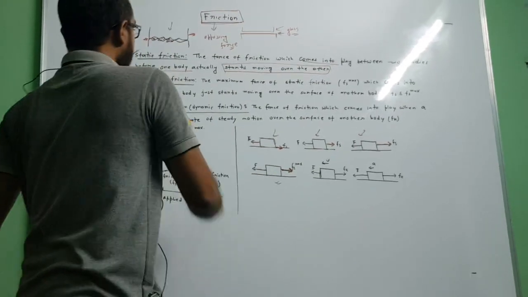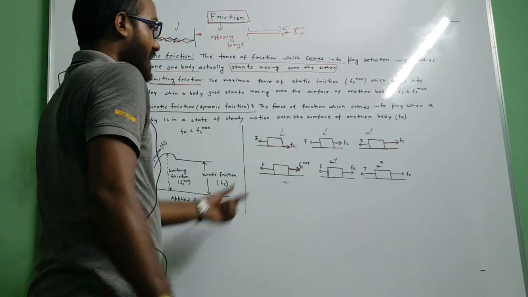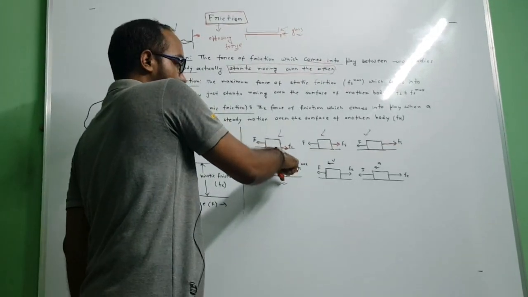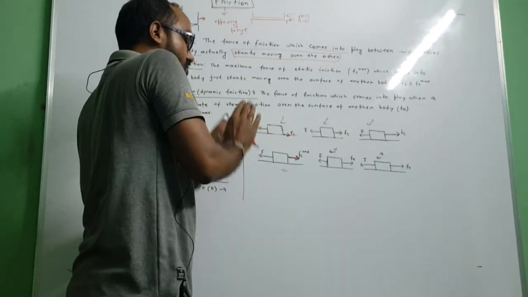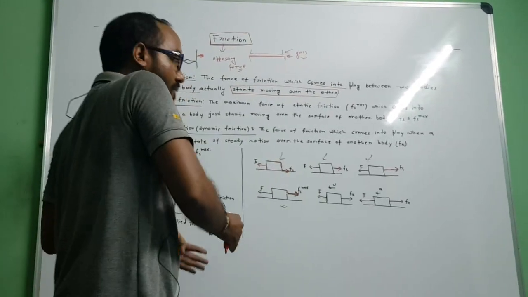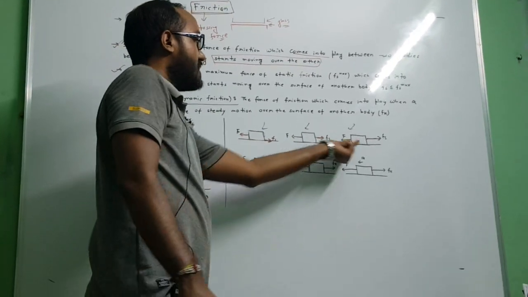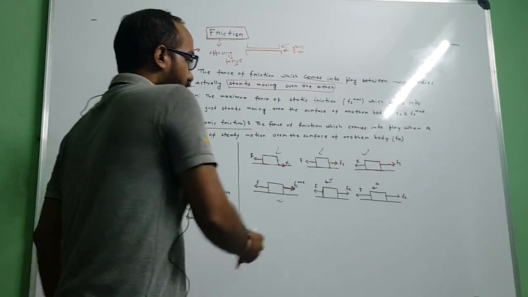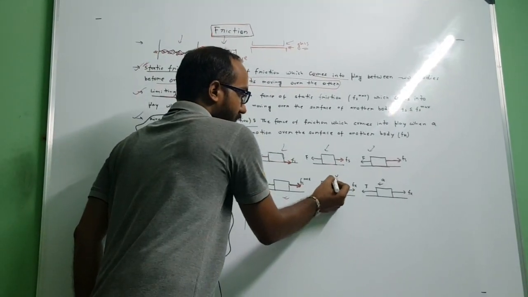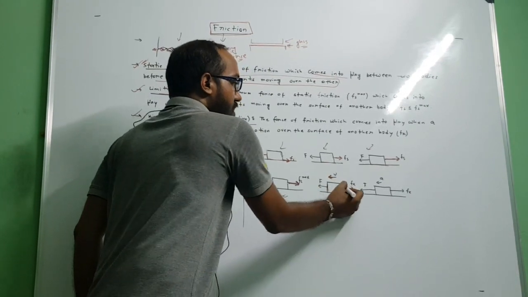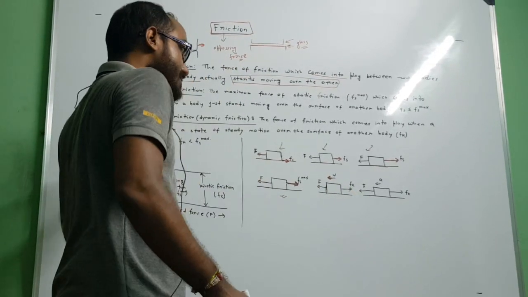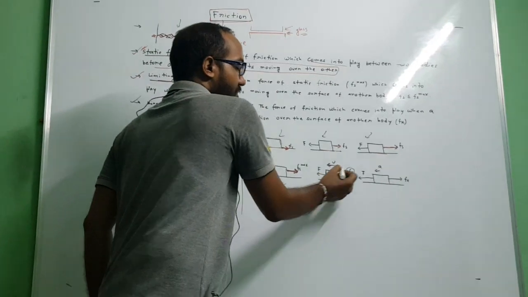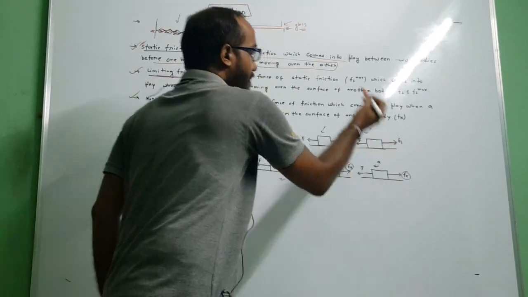So this is our limiting friction. That means from this situation the object will try to move. Up to this point the object didn't move, and from here the object will try to move. After that it moves, and you can clearly see it has a velocity. Whenever the object moves, there is friction, and that friction is known as kinetic friction.